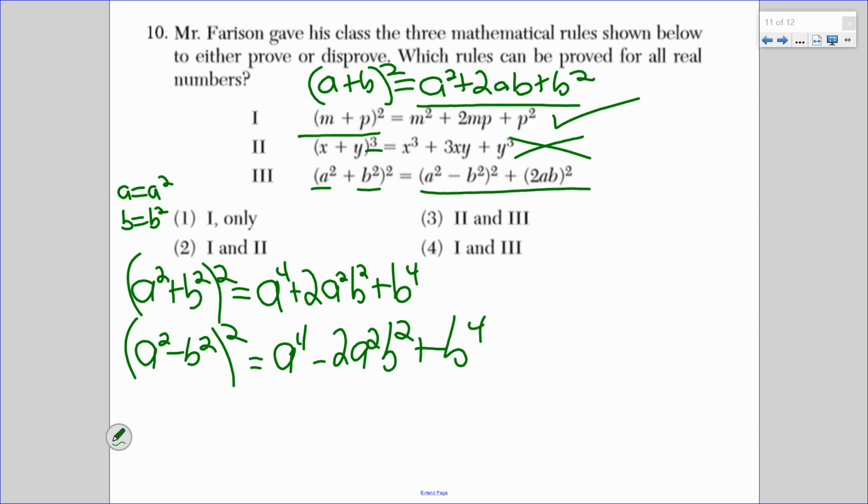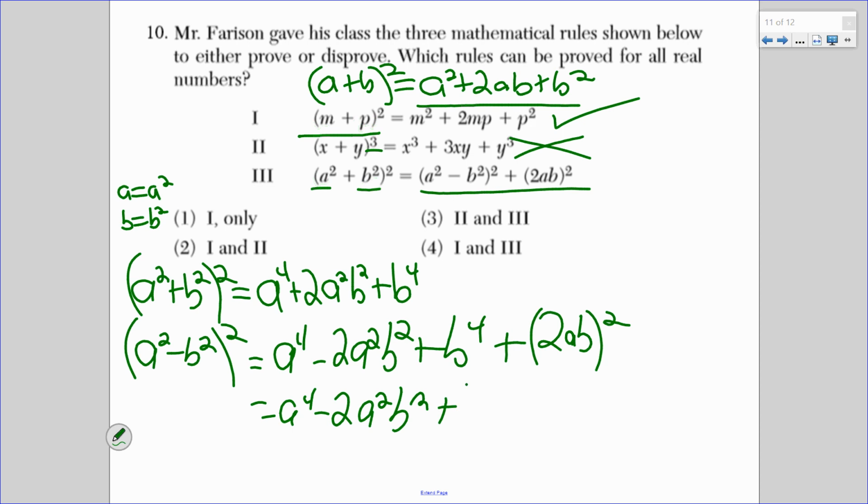But to that, I want to add 2ab squared, which is going to give me a to the fourth minus 2a squared b squared plus b to the fourth plus 4a squared b squared.